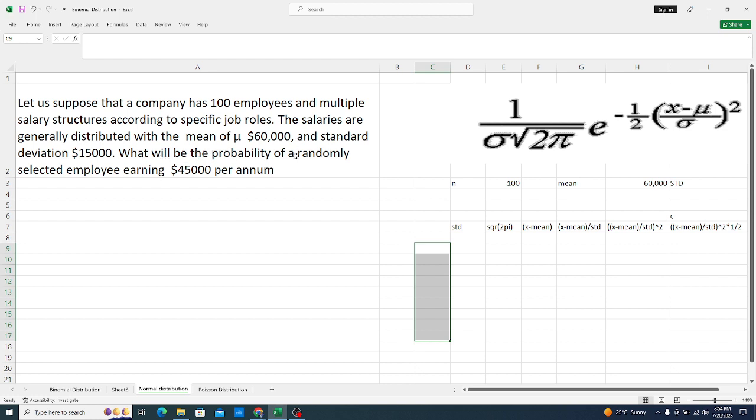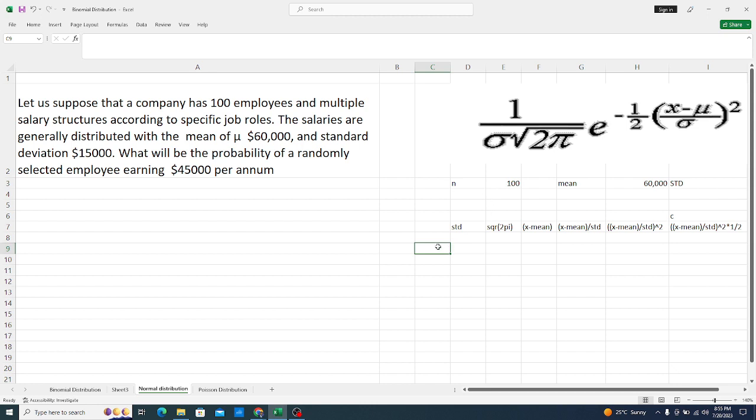What will be the probability of a randomly selected employee earning 45,000 US dollars? So I want us to generate a random salary of, let's say, 10 employees. I would have done it for 100 employees, but I just want to generate a salary for 10 employees.